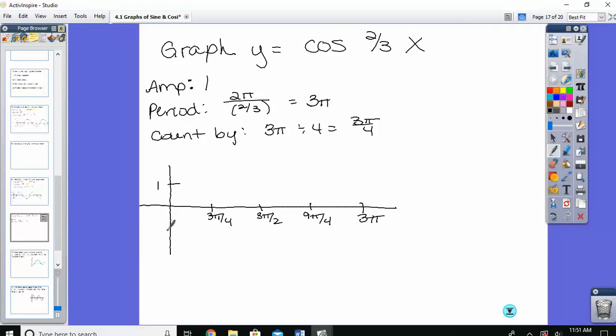Amplitude is 1, so high and low points are 1 and negative 1. Cosine starts where? At its amplitude, at its high point. Then you hit the x-axis, hit the low point, and you're just bouncing back and forth. High point, x-axis, low point. Questions on that?